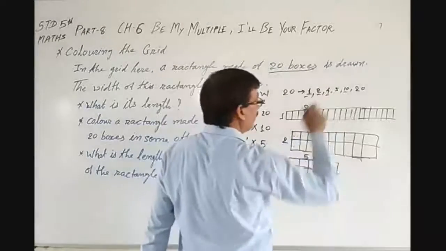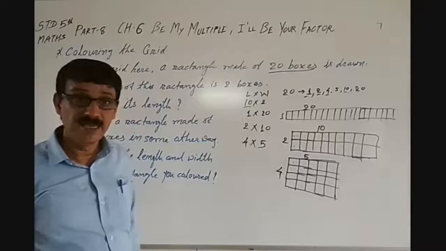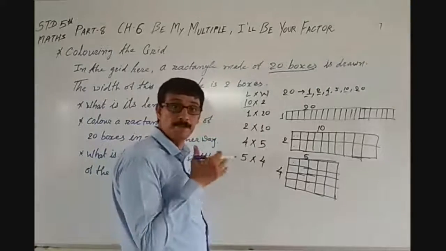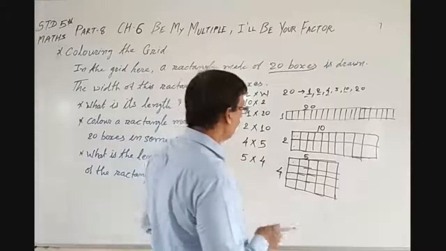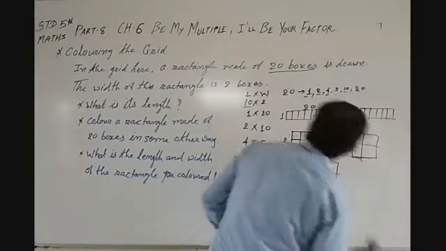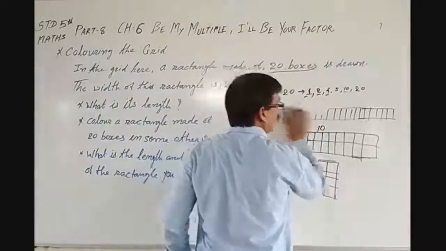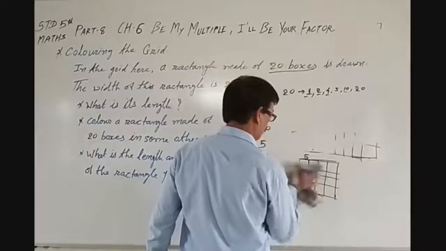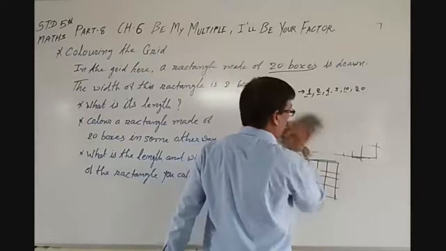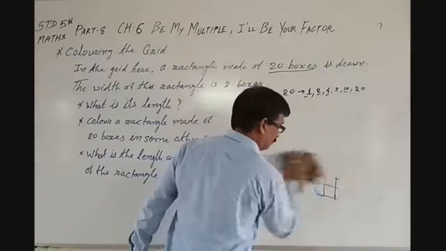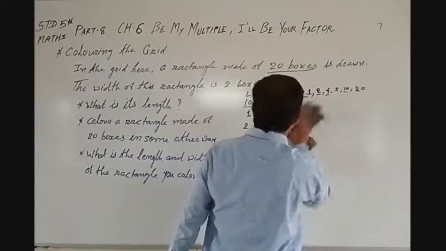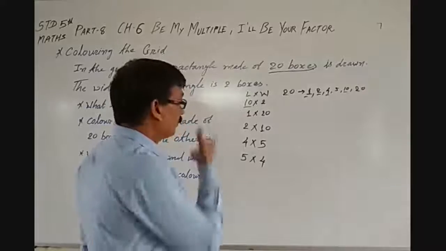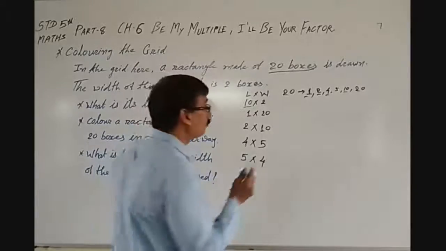Now after that, if the length is 5, then width should be 4. Now let's go for that. For that, let me erase this. The next one, 5 rows.